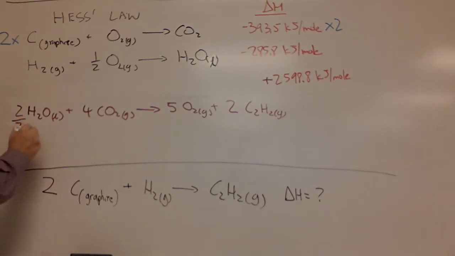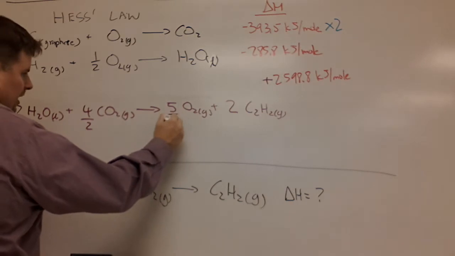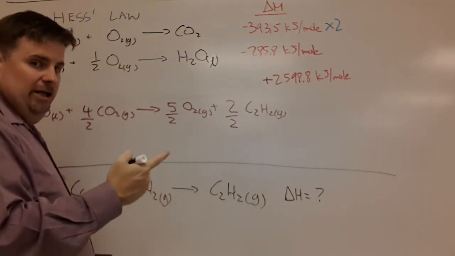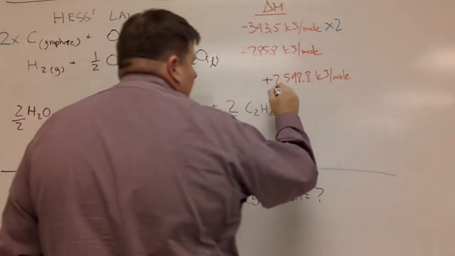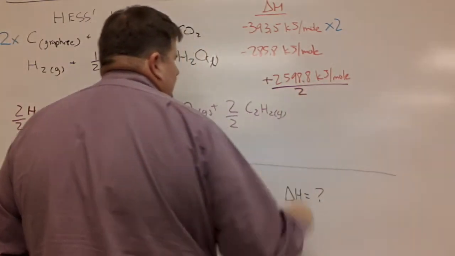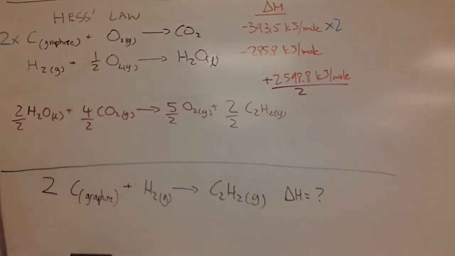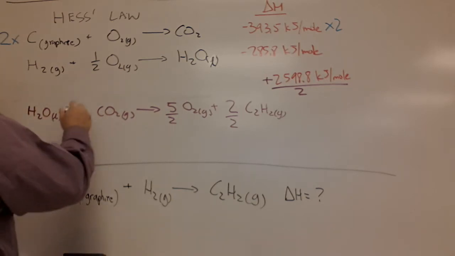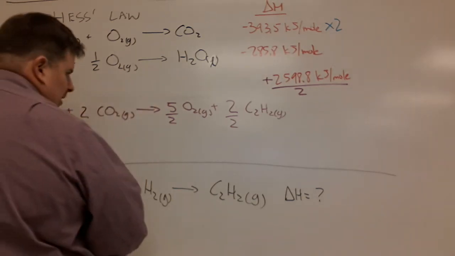So divide that by 2, divide that by 2, divide that by 2, divide that by 2. I'll get 1 there. The energy has to be divided by 2 as well. So this entire term has to be divided by 2 in order to get the correct amount of energy for Hess's law at this point. Okay? So that becomes a 1, that becomes a 2, that's still a 5/2, and this becomes a 1.